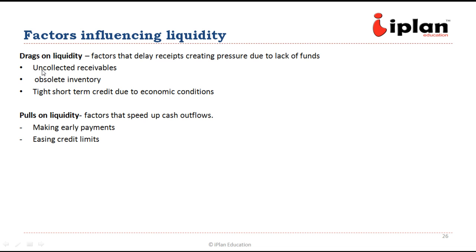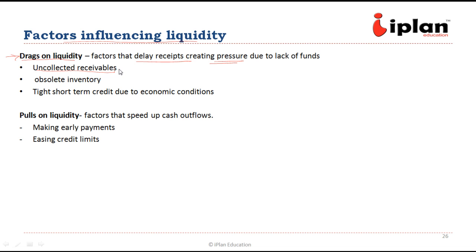The factors influencing liquidity. There are two kinds of factors, positive and negative. First, we'll look at the drags on liquidity that delay the receipts and create pressure due to lack of funds. First is uncollected receivables. It means we have already sold the goods, the accounts are receivable, but we are not able to collect them.